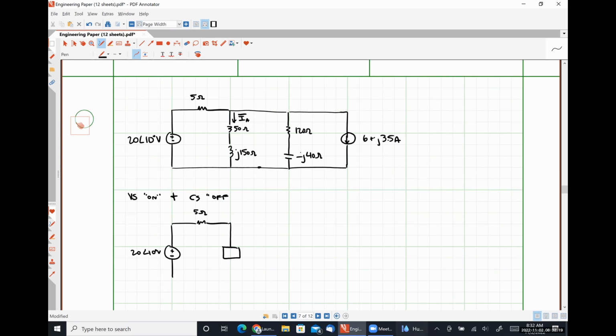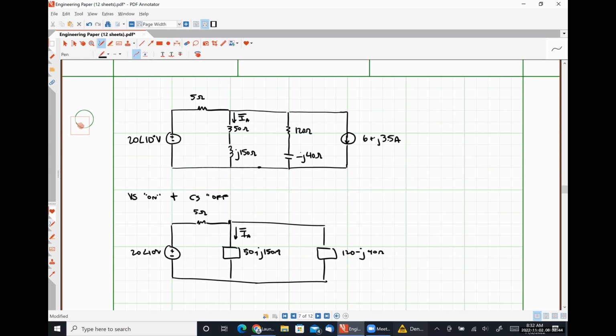I'm just going to write this as a generic impedance that is 50 plus j150. The generic impedance here is 120 minus j40. And this is the current IA that I am interested in.